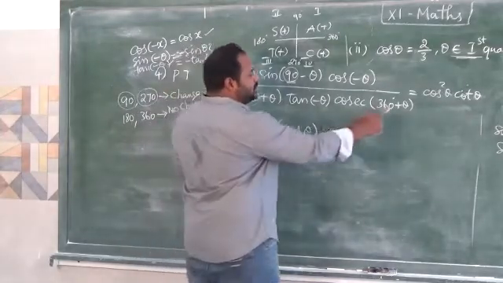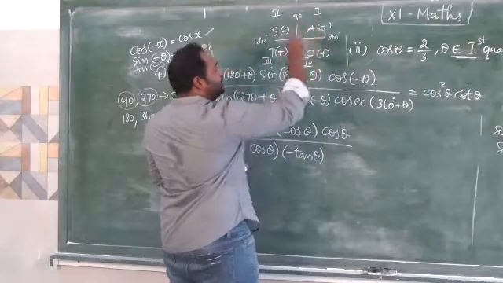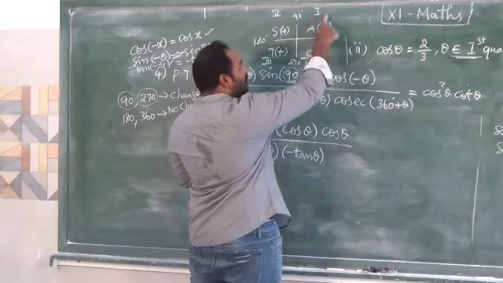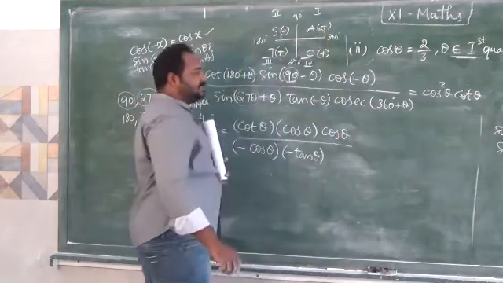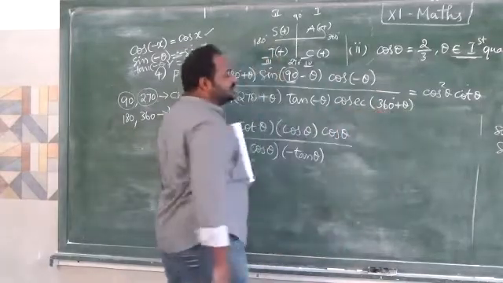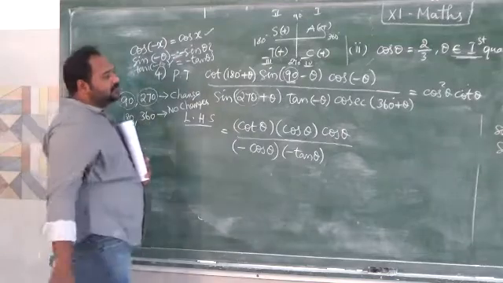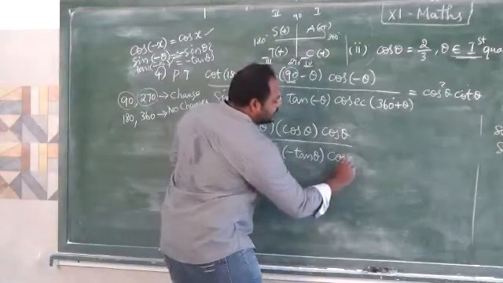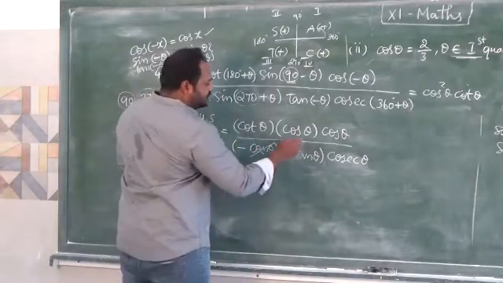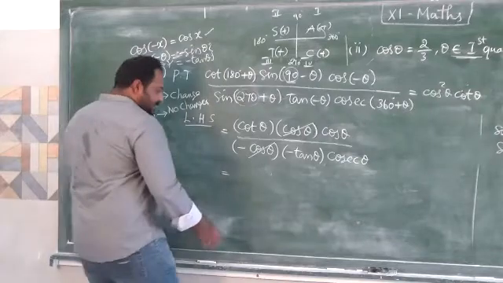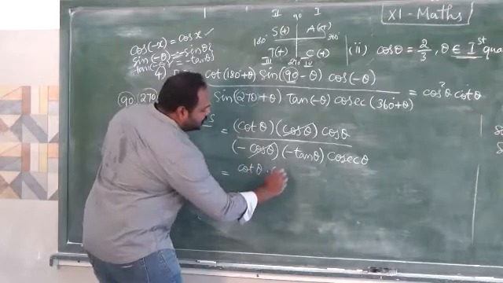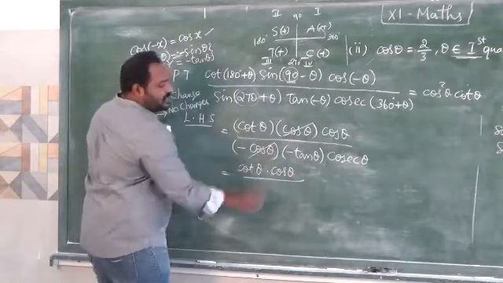Next, 360 plus theta lies in the first quadrant. All are positive in the first quadrant, so there is no change in the sign. The same cosecant will come, and for 360 we have no change in the ratio, so cosecant theta as it is. After that we have a cancellation. Cos theta in the numerator, minus into minus is plus.